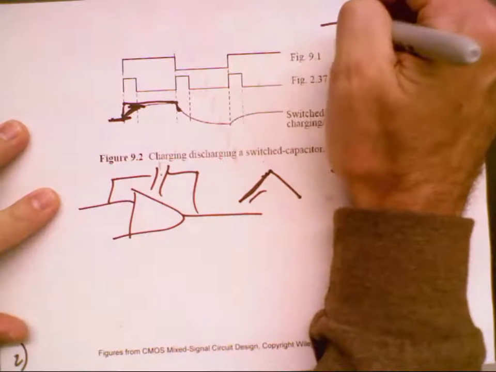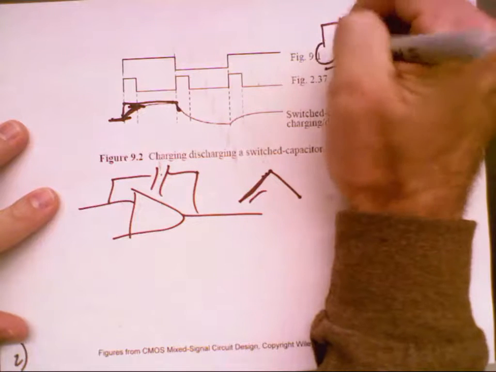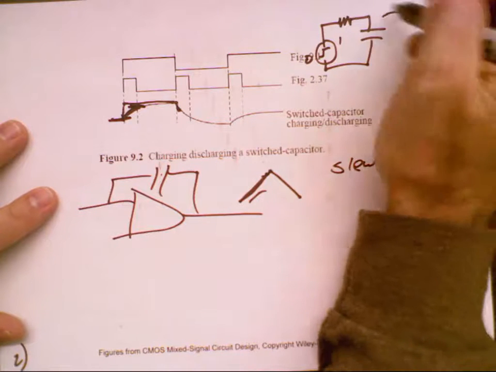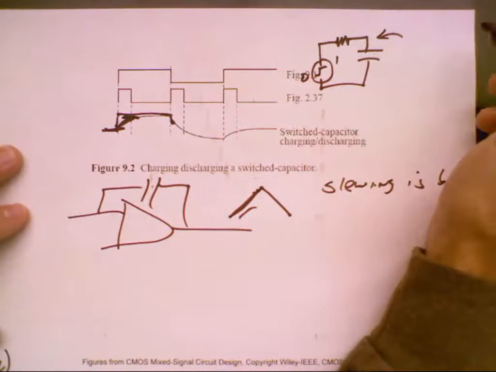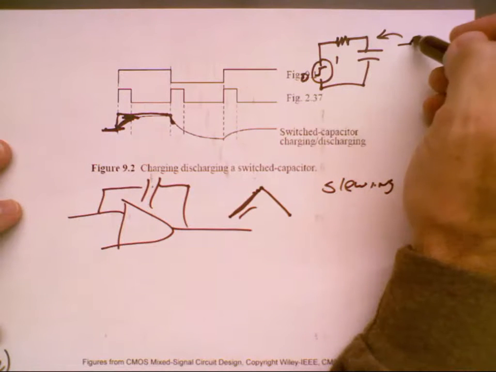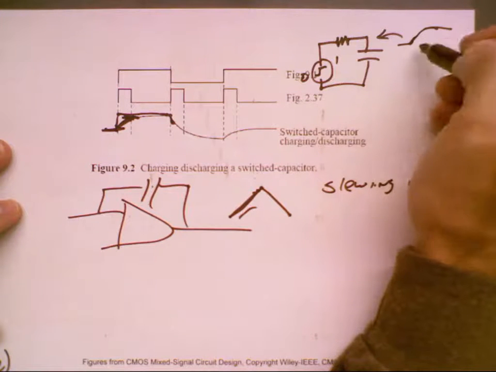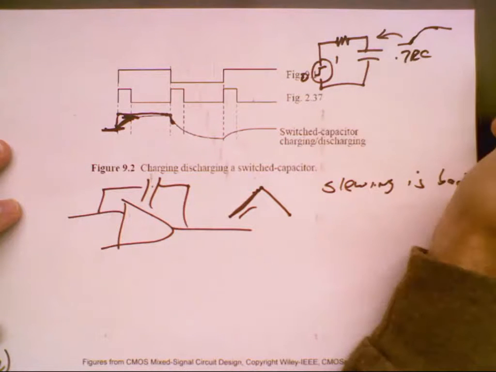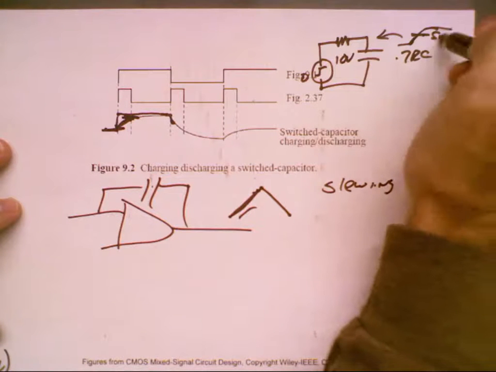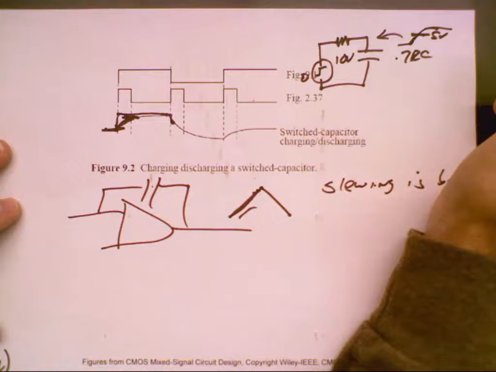If I have an RC circuit and I put a pulse in where the input goes from 0 to 1, how long does it take the output to go to half a volt? It's 0.7 RC. It's basic RC. If I change this to 10 volts and ask how long it takes to get to 5 volts, half the waveform or half the cup, it's still 0.7 RC.